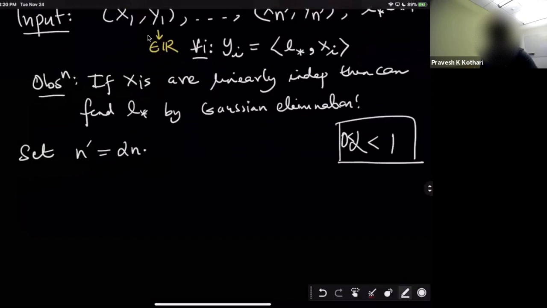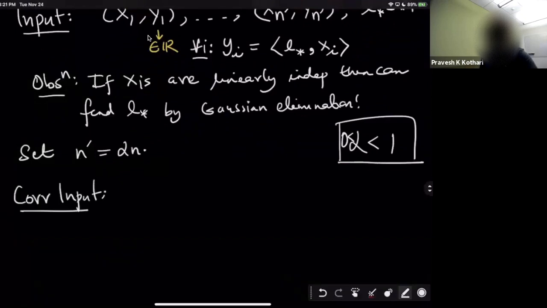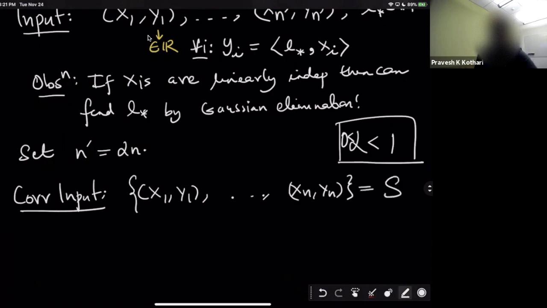Instead, you're going to be given a corrupted input. This input looks like x1, y1, so on up to xn, yn. I'm always going to call it S for sample.